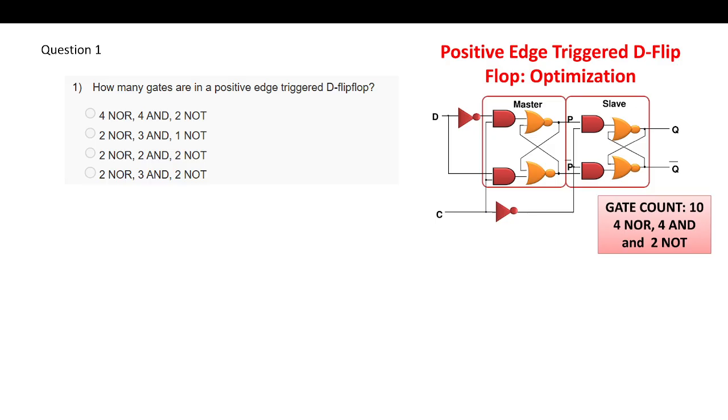So it consists of 4 NOR gates, 4 AND gates, and 2 NOT gates. So the master slave configuration: 4 NOR gates, 4 AND gates, 2 NOT gates.